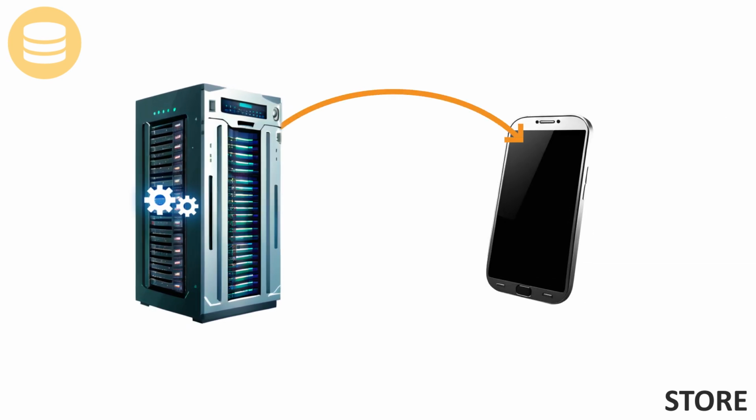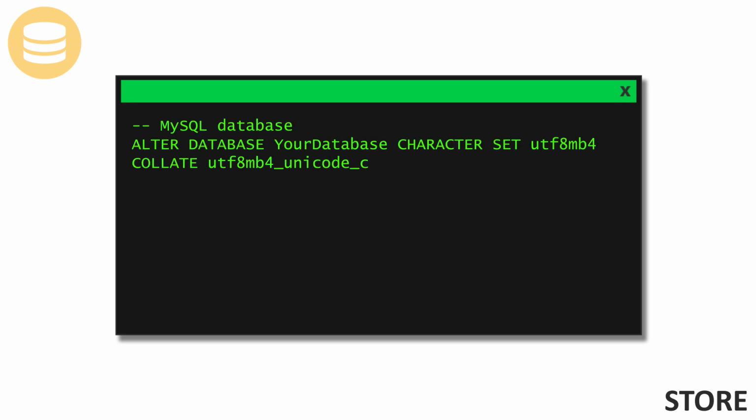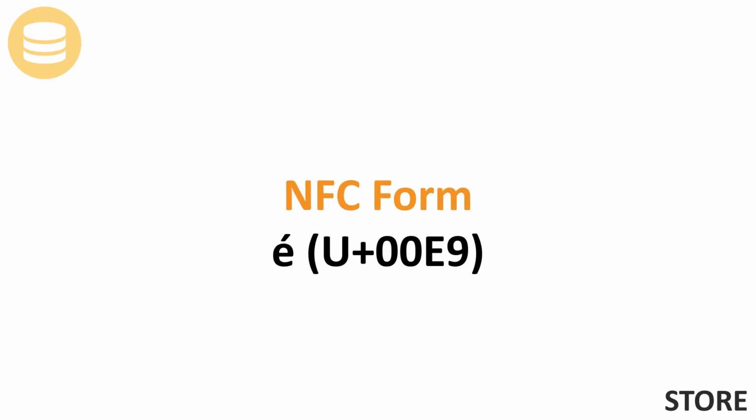Proper configuration ensures accurate storage of characters, preserving information integrity. In MySQL, character set and collation need to be configured manually, while NoSQL solutions like MongoDB often already natively support UTF-8. Usage of normalization form C is preferred, meaning storing characters in their pre-composed forms whenever possible.